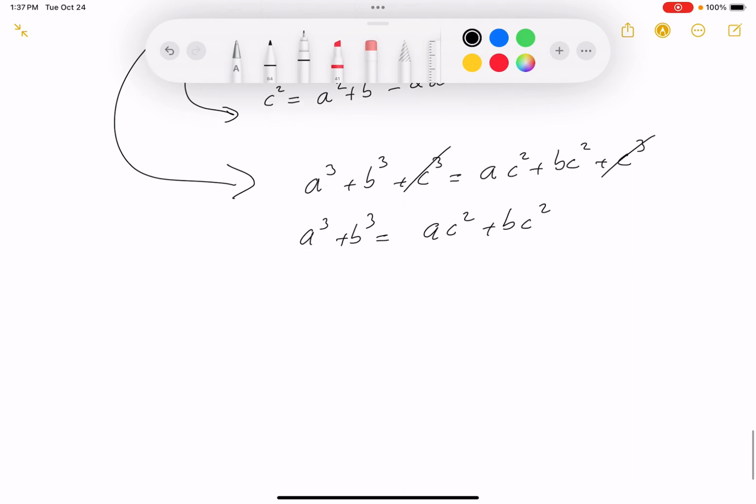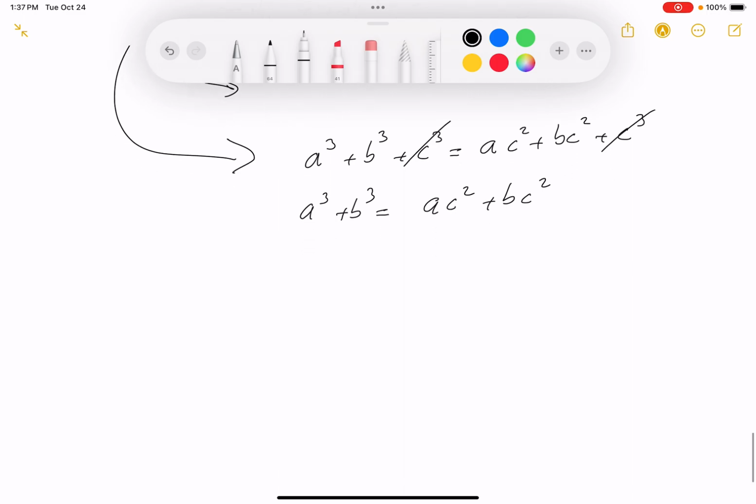All right? Now, what are you going to do about that? I'm going to try to factor it. And to do that, the sum of perfect cubes looks pretty easy. You get a plus b times a squared minus ab plus b squared is equal to c squared times a plus b.